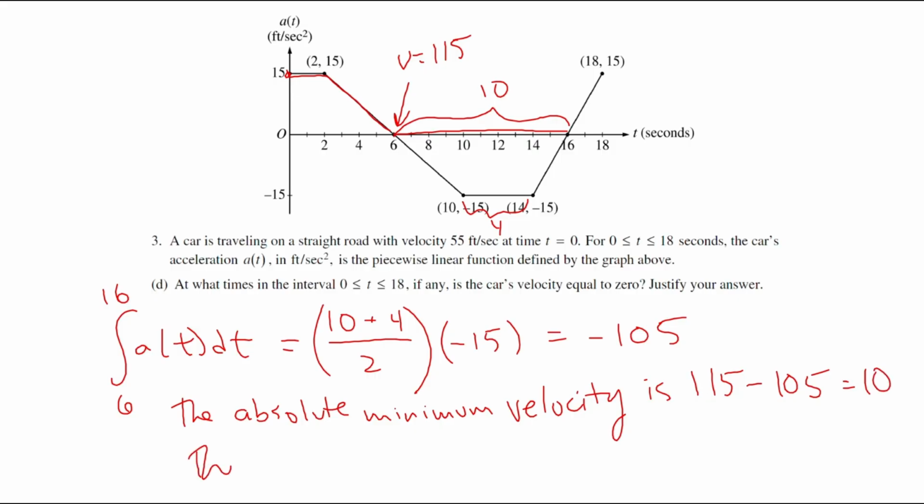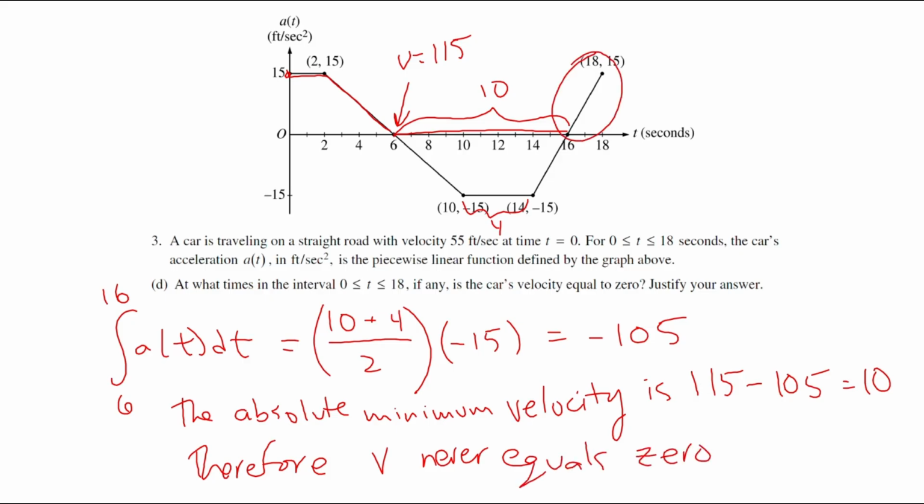Well, therefore, v never equals 0. And we know it can't be after that, because after that we're increasing again because our acceleration is positive. They gave you 2 points, 1 for saying never, and 1 for the reason, which is this work up here that we showed where the minimum velocity had to be more than 0.